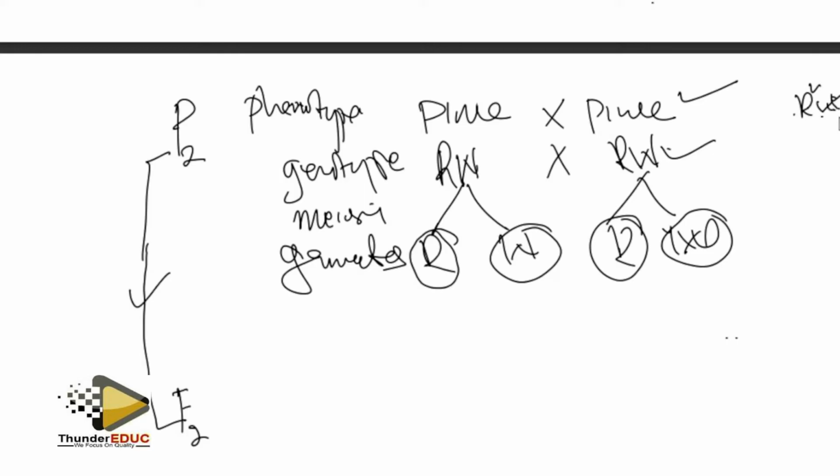Try to dress them up so that you separate them. Even if they are too close to one another, you won't lose a mark for that. Then after that, you do the crossing, or you do a Punnett square.